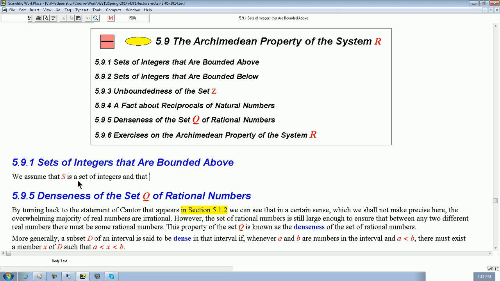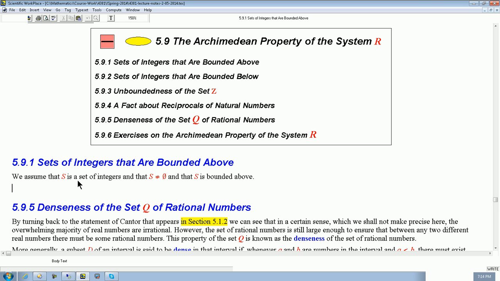And that S is not empty, and that S is bounded above. I shall prove that S must have a largest member.